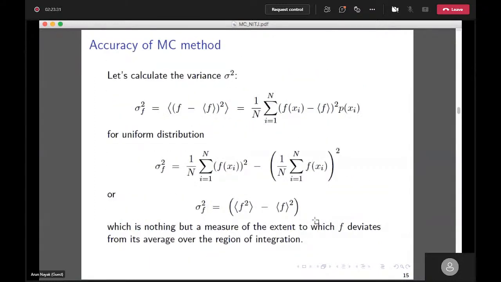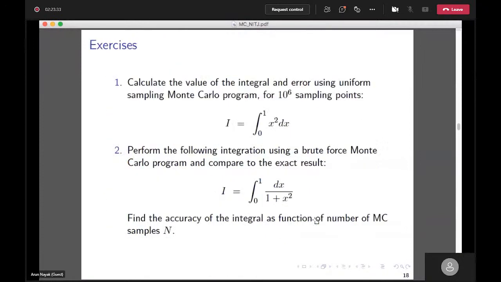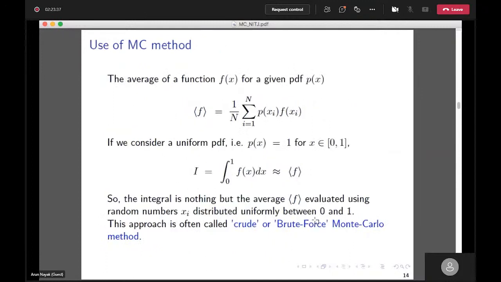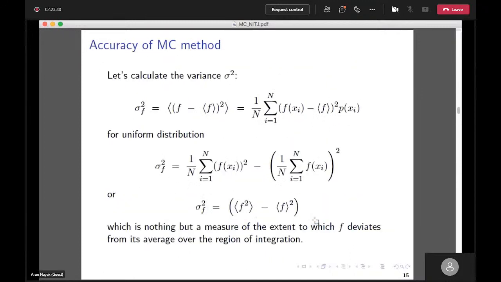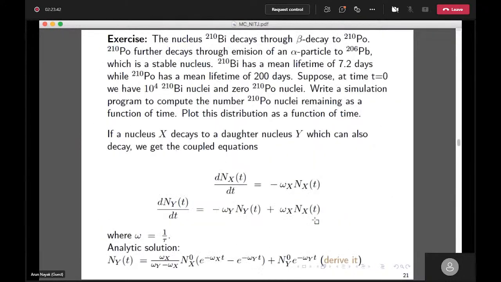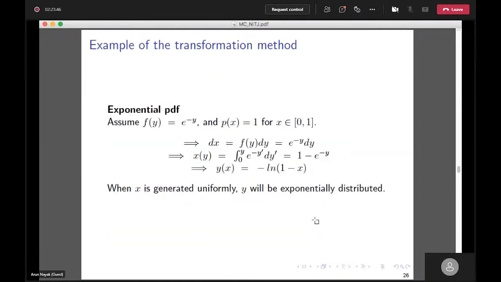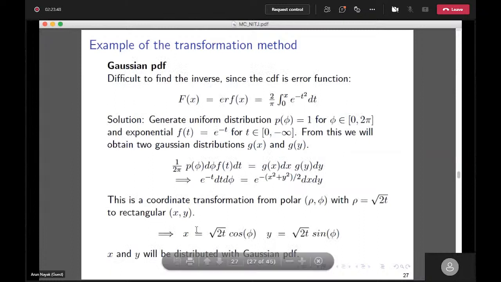Here, for example, I discussed how to generate a two-dimensional Gaussian. If you do this method, you will get both x and y Gaussian simultaneously. So this is a 2D Gaussian, for example.